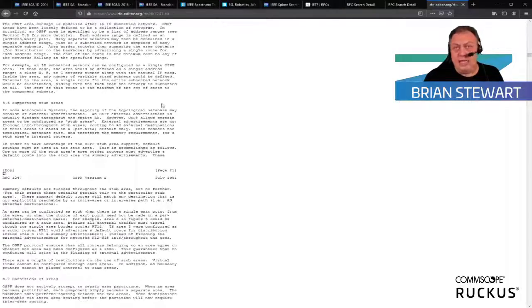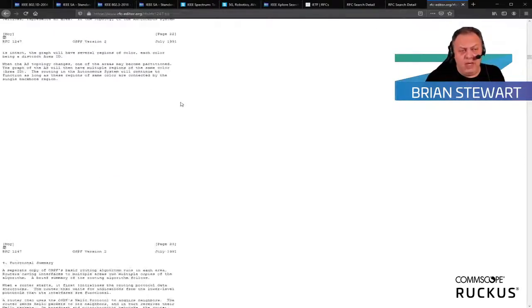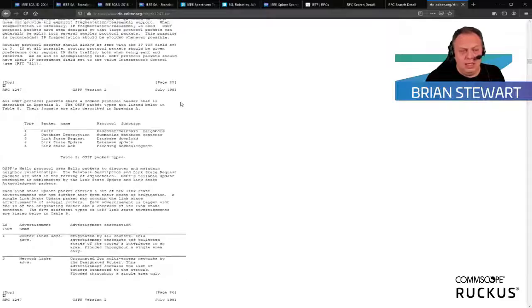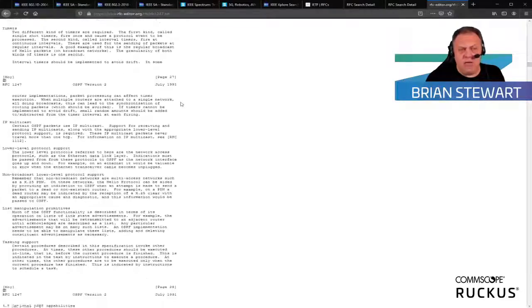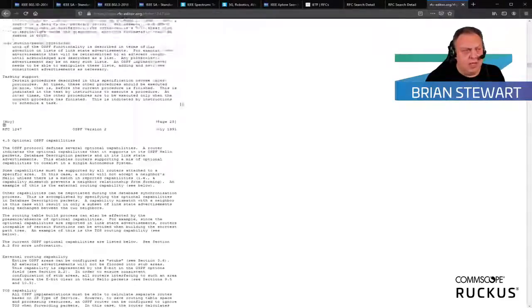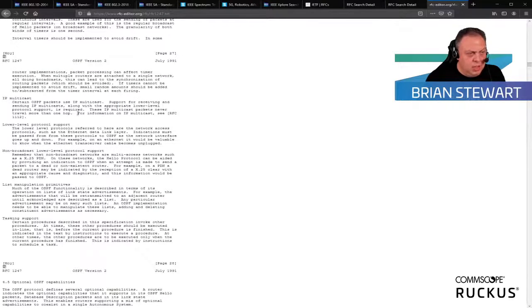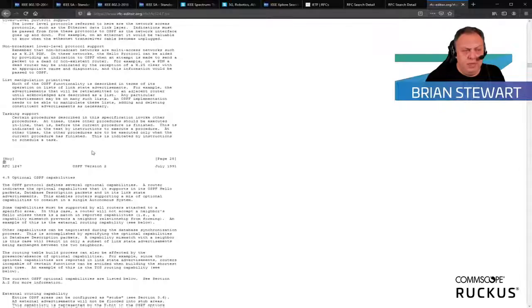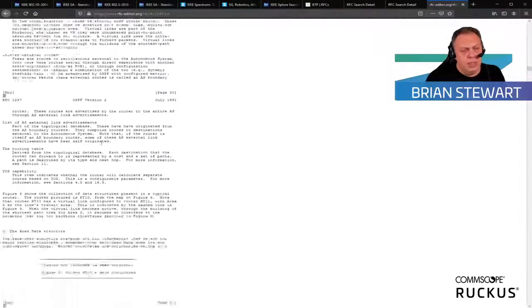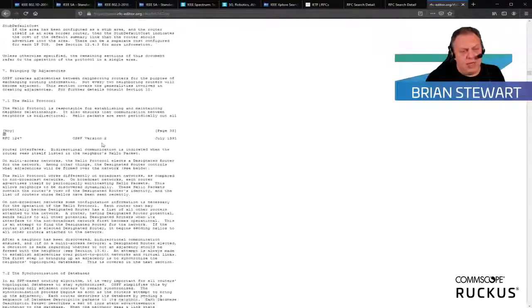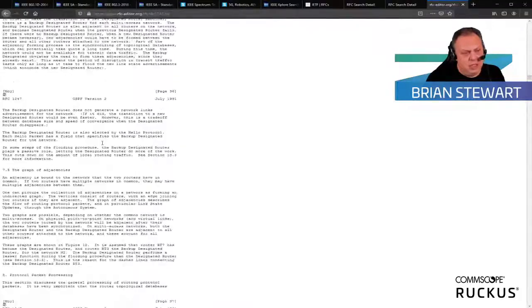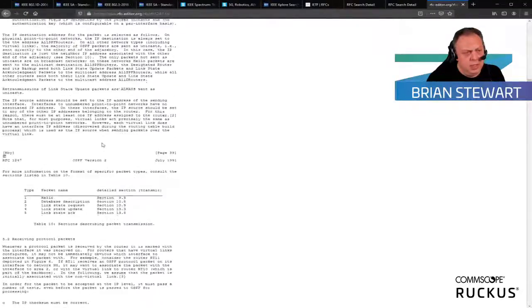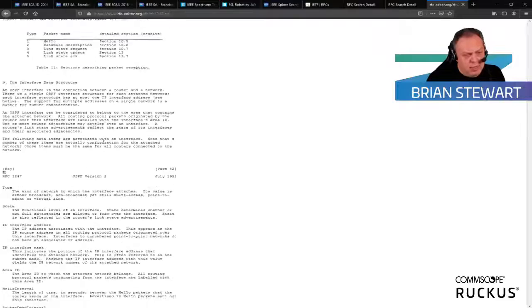So if you're looking for detail about how OSPF functions, it all exists here within this overall RFC. So it talks about lower level protocol support, primitives, tasking support.